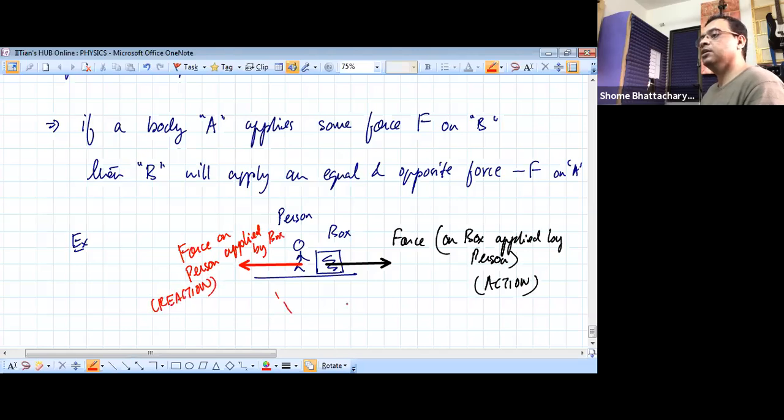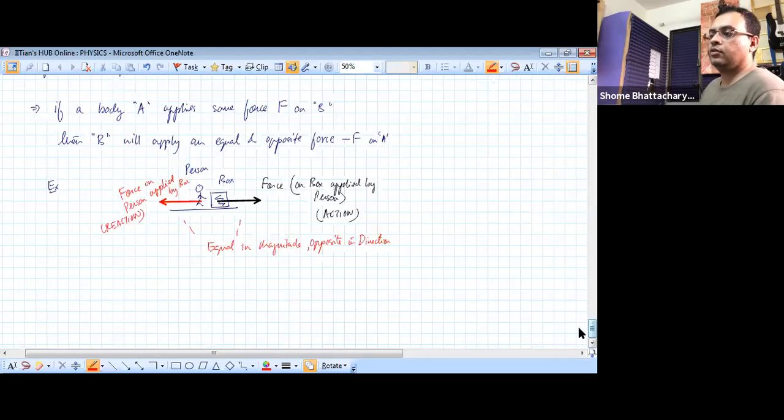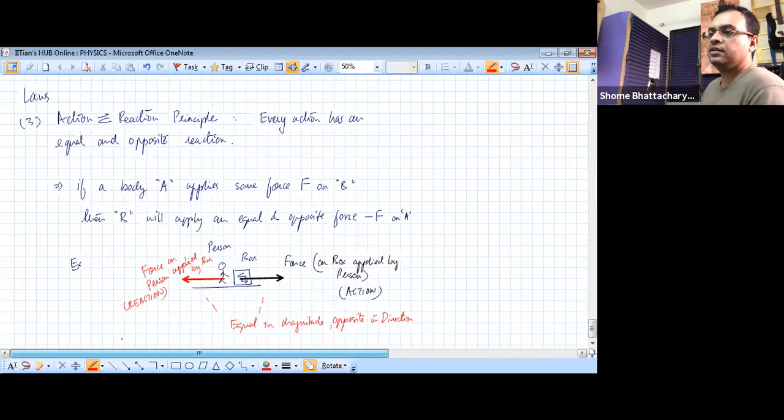And they will be equal and opposite: equal in magnitude, but opposite in direction. So this is the proper illustration of Newton's third law. That if A is applying a force on B, then B will apply an equal and opposite force on A. Or if a person applies a force on an object, the object will apply an equal and opposite force on the person.